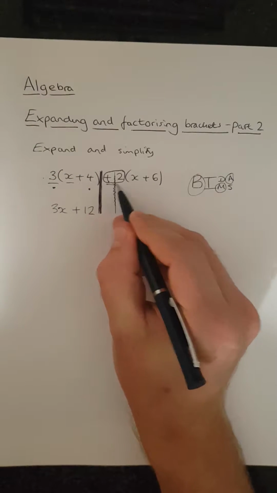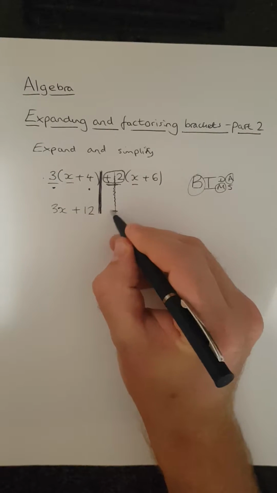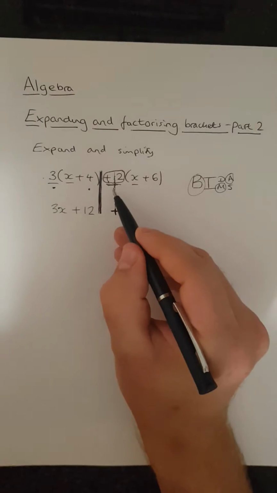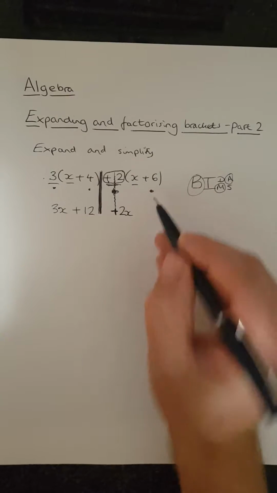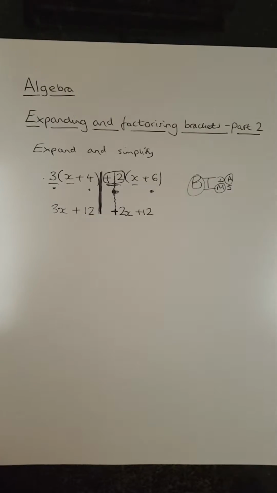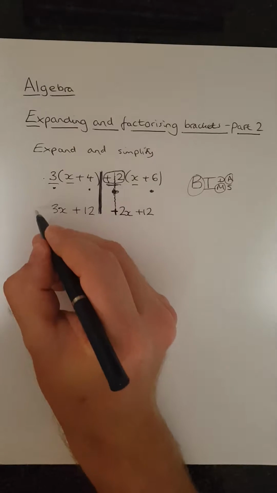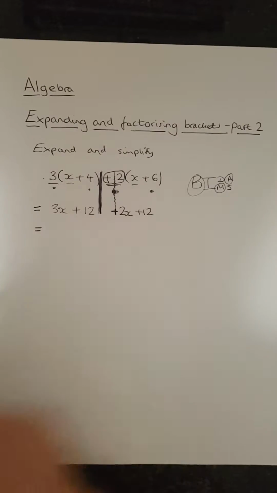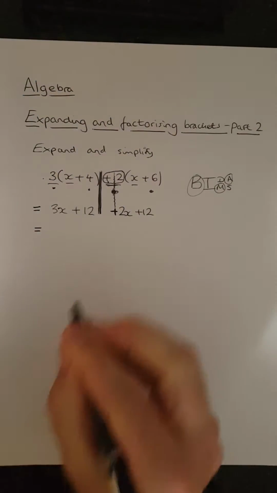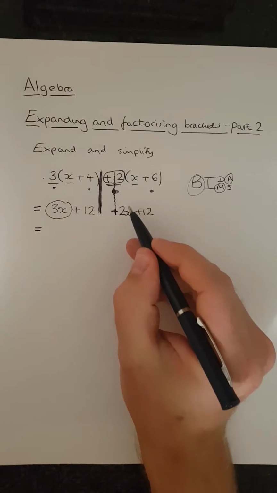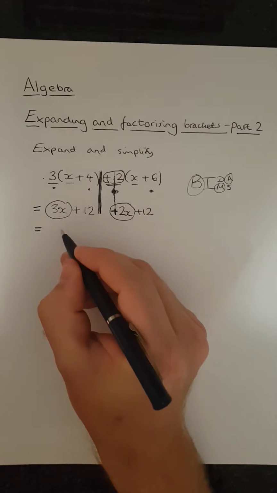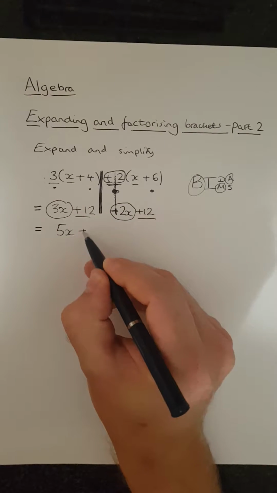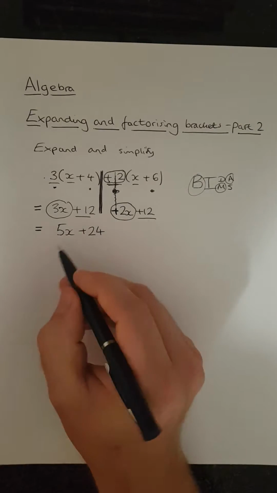So, 2 times x gives me 2x, and again I have to include a plus. 2 times 6 gives me 12. Now put equals here because these two things are equivalent, and now we're going to simplify this. Well, 3x adds 2x is 5x. 12 add 12 is 24.